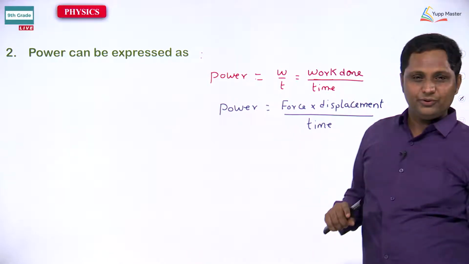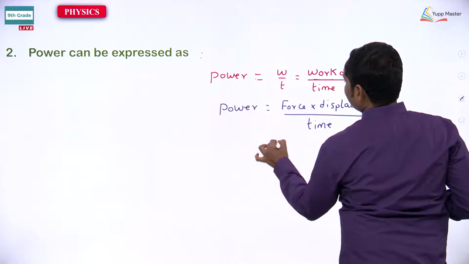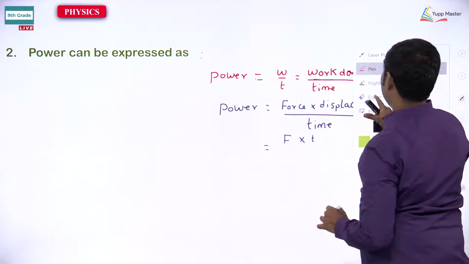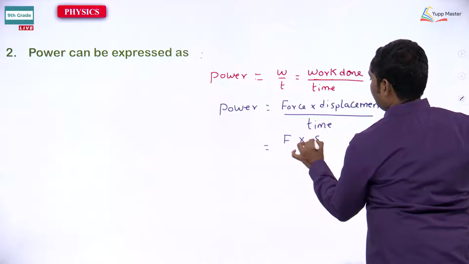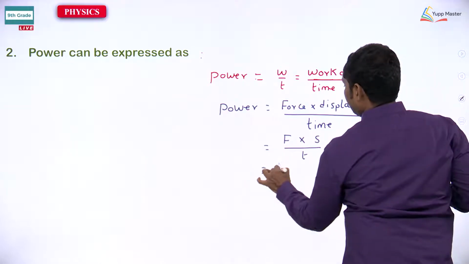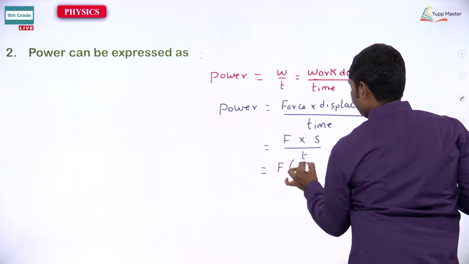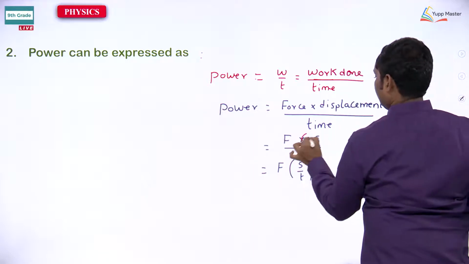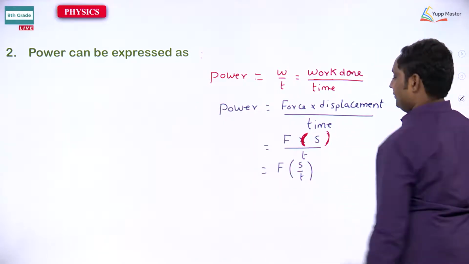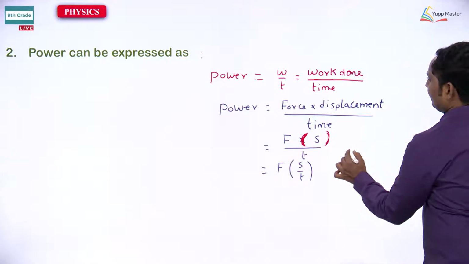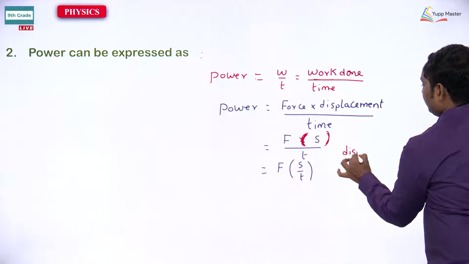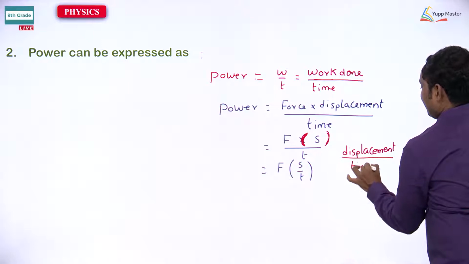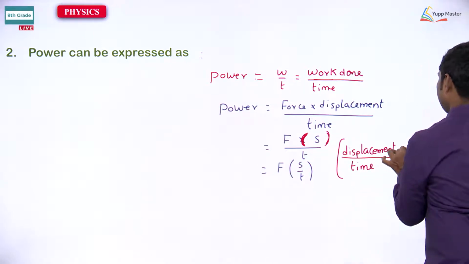Yeah, we are going to know about this one. So, you can express F into S by T. Simply you are going to get that F into S by T. You know very well that displacement by time is going to be velocity.